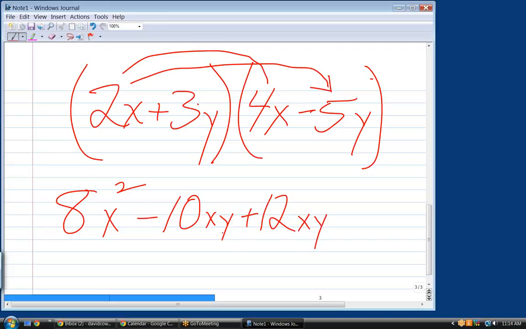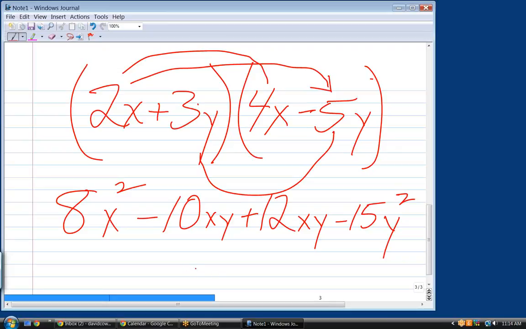It's just that once I started writing it xy, I'm going to keep writing it that way. Little reminder that I've got the same things. And finally, what's the last term? This one times that one. Negative 15y squared. Remember, when you multiply y times y, you can combine that into a y squared.